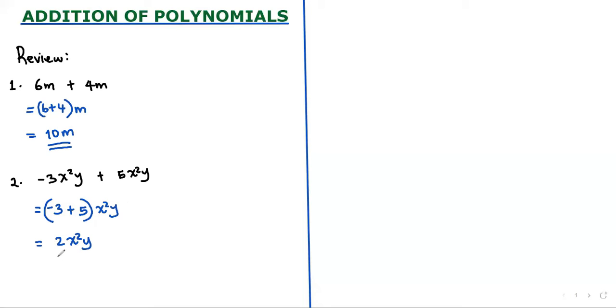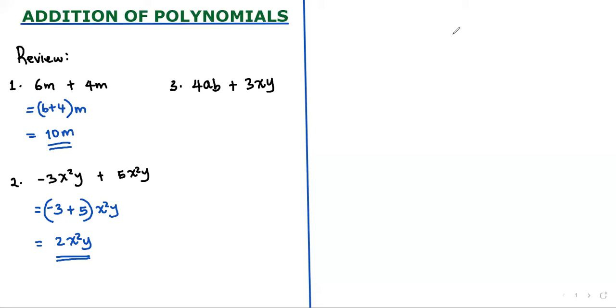Okay, so I believe that you already remember how we add the monomials. So we are going to be using this knowledge in order to add polynomials. And one more thing that you need to remember is that when we are having unlike monomials, let's say we are having 4ab plus 3xy.